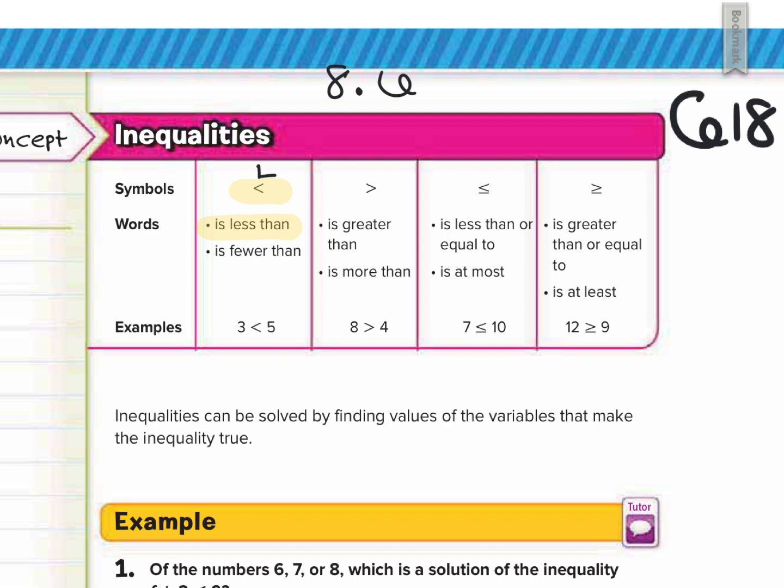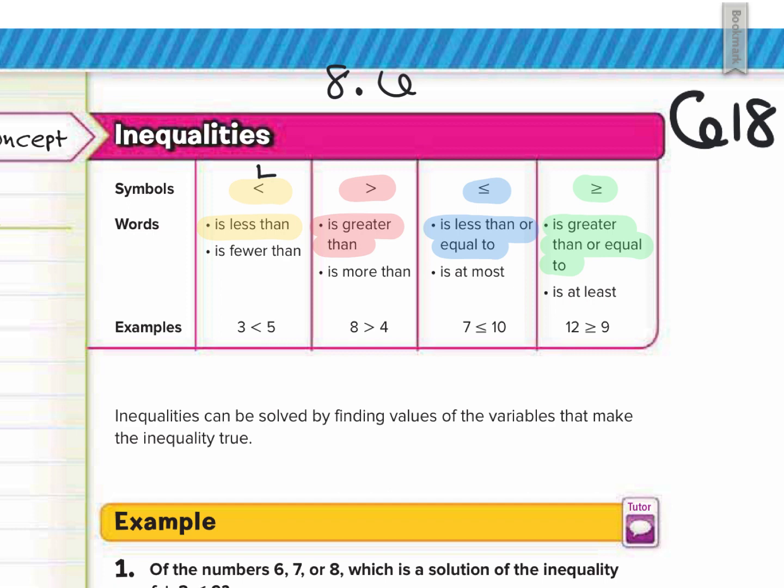The next one, which is the opposite, is pointing to the right. That represents greater than. Then we also have pointing to the left with a half an equal sign underneath. What that means is that the numbers are less than or equal to. And then lastly, going in the other direction, pointing to the right with half an equal sign is greater than or equal to.